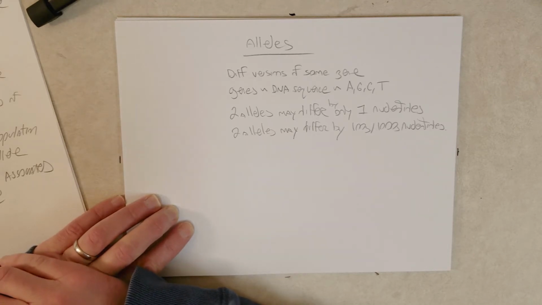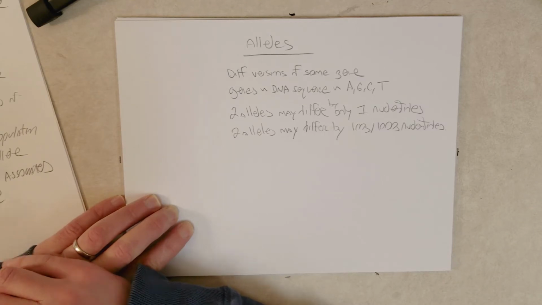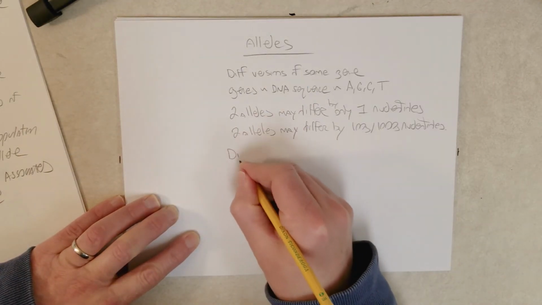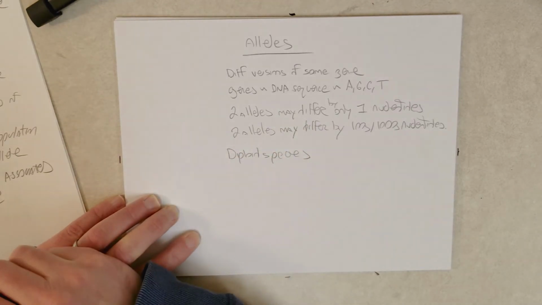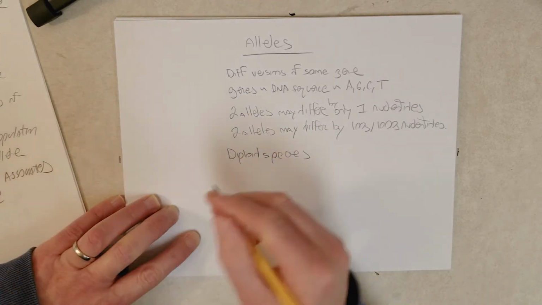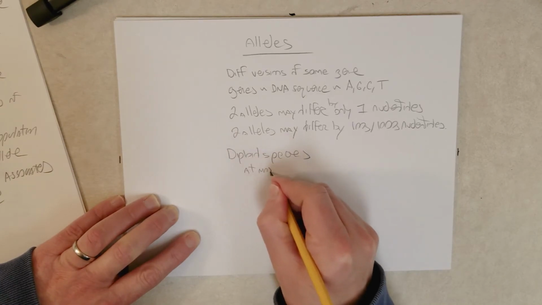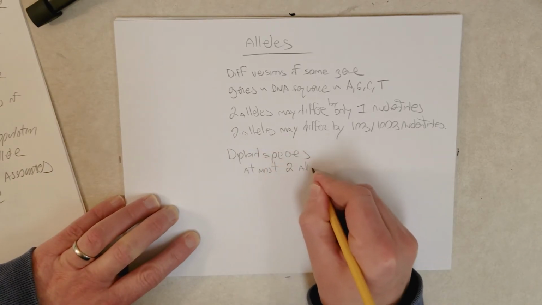So you could have 1,000 nucleotides different between different alleles for the same gene. In diploid species like humans, one individual can have at most 2 alleles.